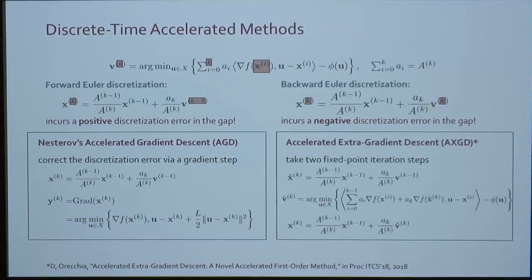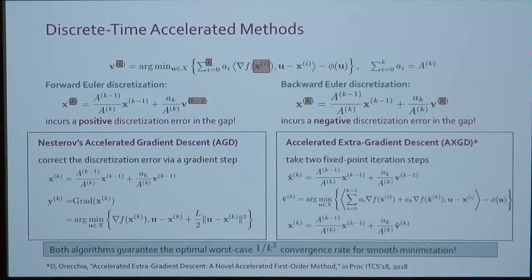In fact, what we show is that only 2 fixed point iteration steps suffice. And that's it. That's the algorithm. For both of these algorithms, you can get the optimal accelerated convergence rate for smooth functions. You can also extend them to other settings, but this is the basic scenario.